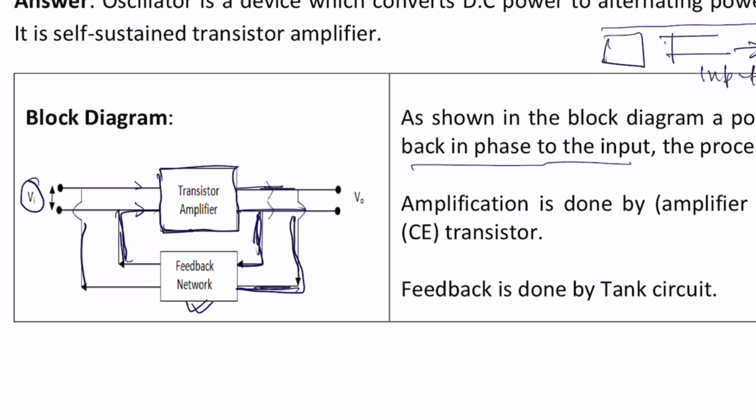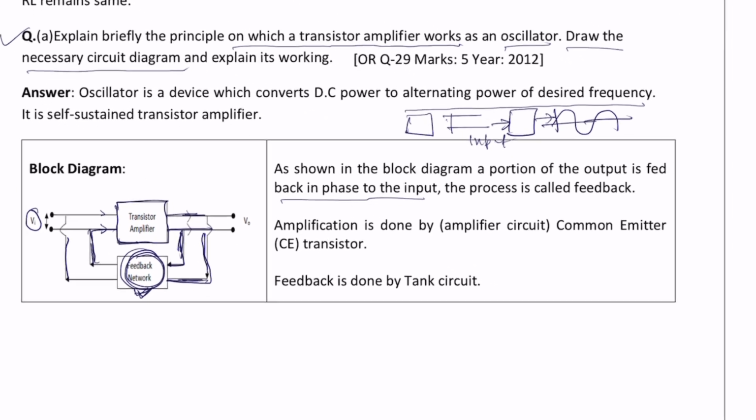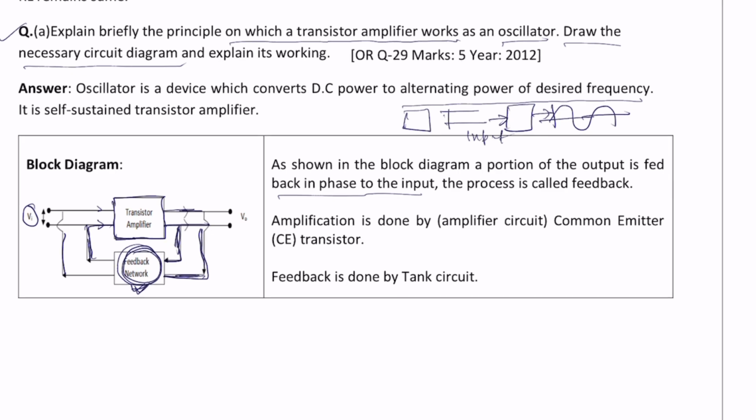This particular network, this particular device, is called the feedback network. This process of taking a portion of the output and again giving it as input is called feedback.